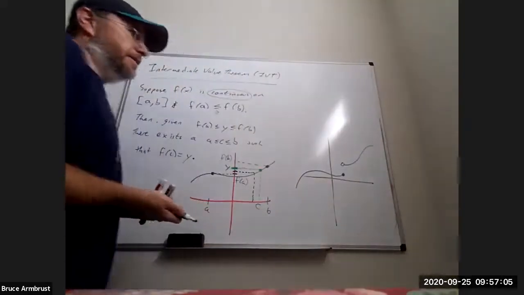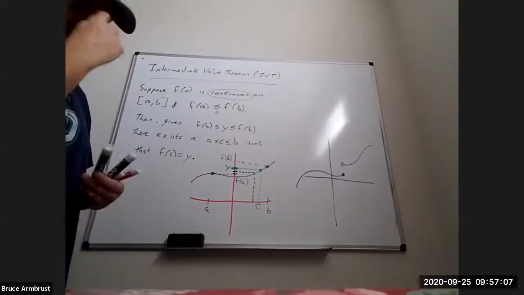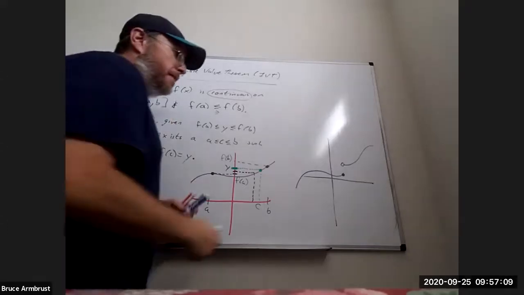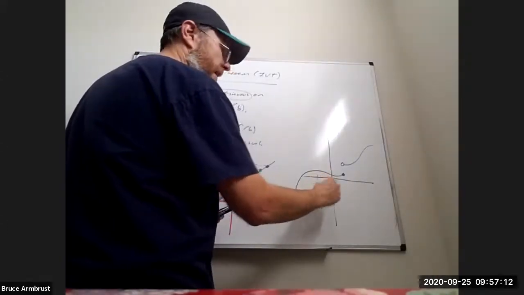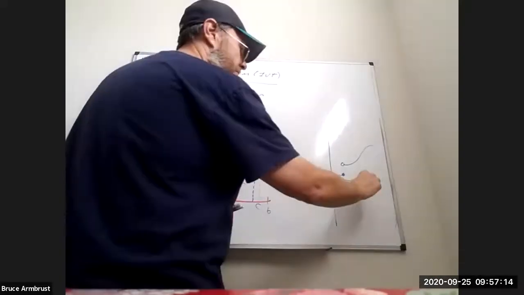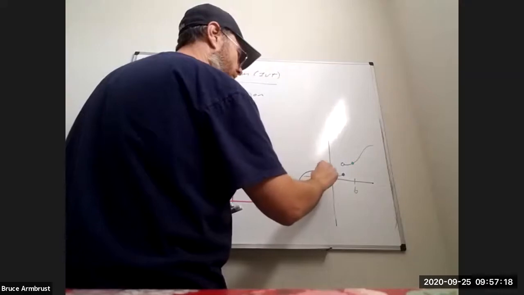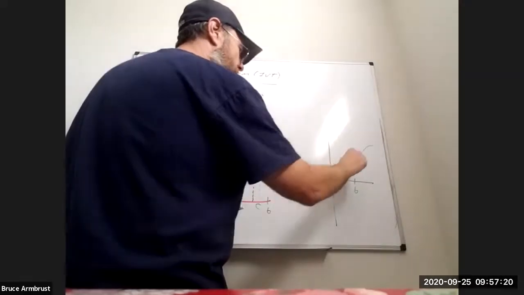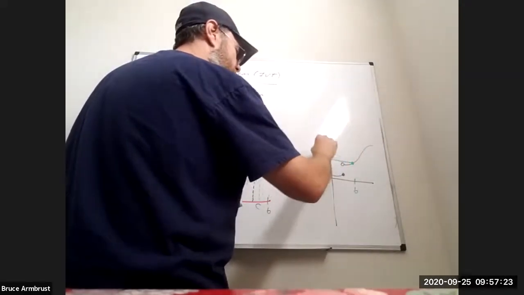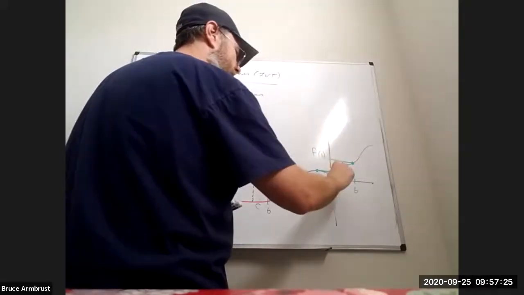So there's a discontinuous function. Let me give you an A and a B. So here's A, here's B. If we run across horizontally, there's f of B and here's f of A.